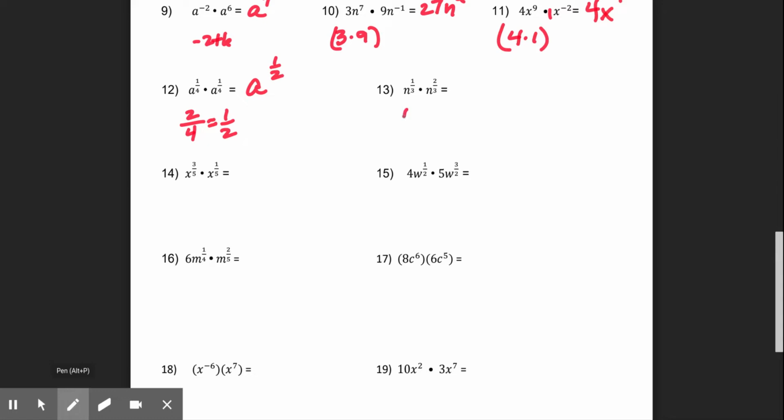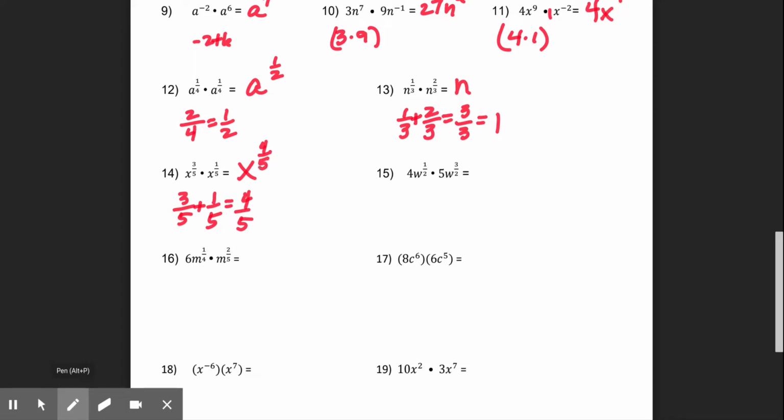On this one, you have 1/3 plus 2/3 gives you 3/3, which is 1. So basically, you can just say the answer here is n. You don't even have to put to the first power. And then we have on 14, your exponents of 3/5 plus 1/5 gives you 4/5. So this would be x raised to the 4/5 power.